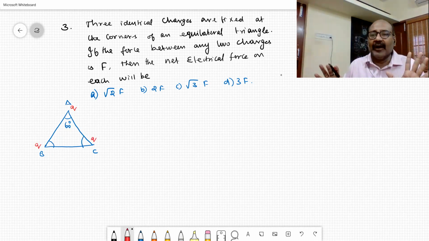At any one of the corners, you calculate the net force.